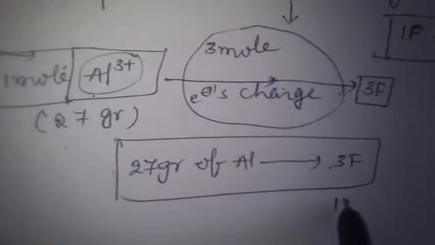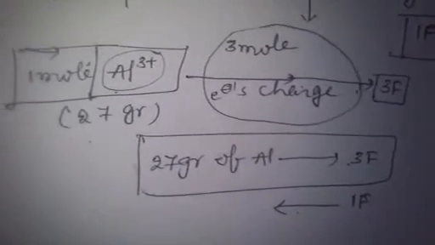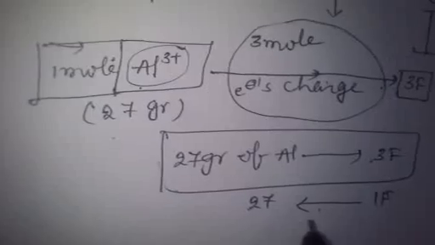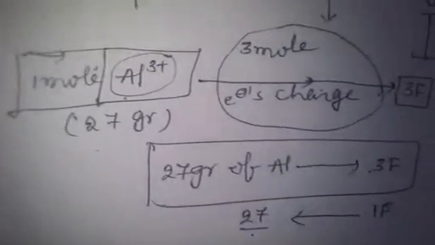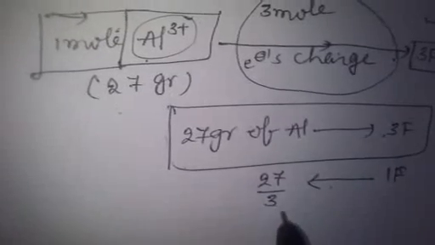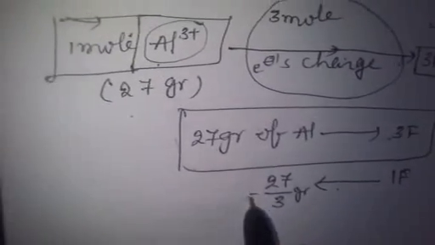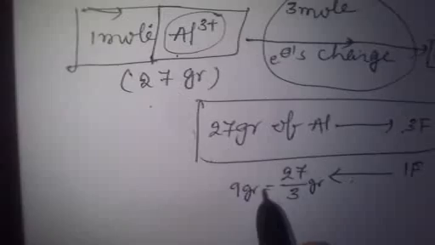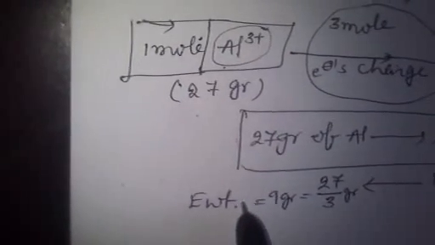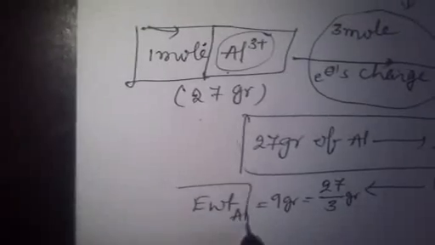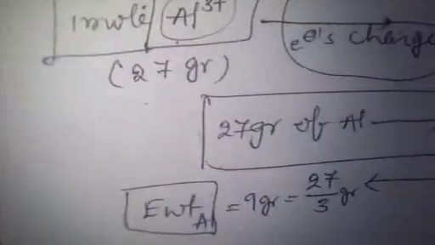For 1 Faraday, how much amount can be deposited? That is 27 by 3 grams, so this is 9 grams. This is nothing but the equivalent weight of aluminum.